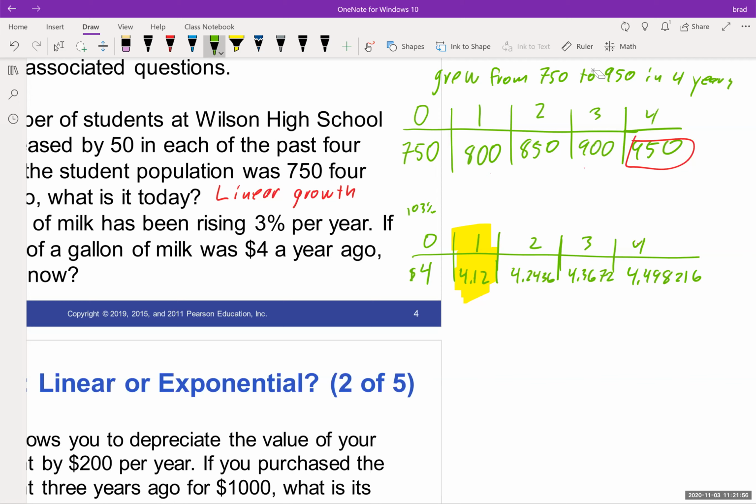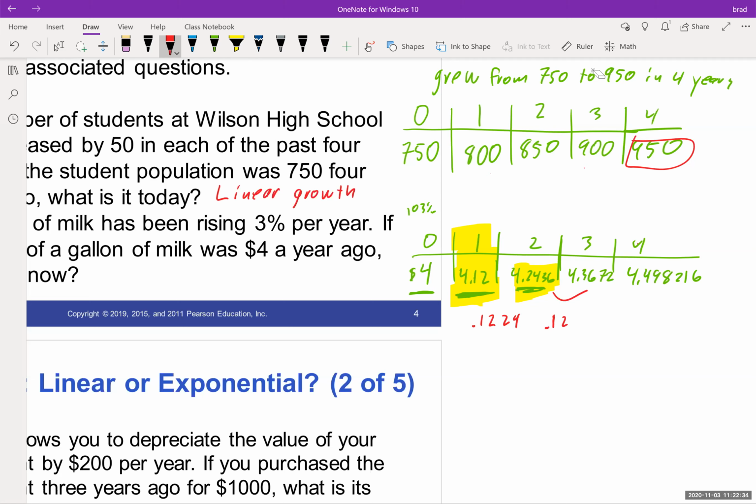Okay, so if you notice, from $4.12 to $4.2436, it grew by 12 cents, but then it also had that extra 0.36. So from here to here, it grew by 0.1224. And then from here to here, it grew by 0.12.